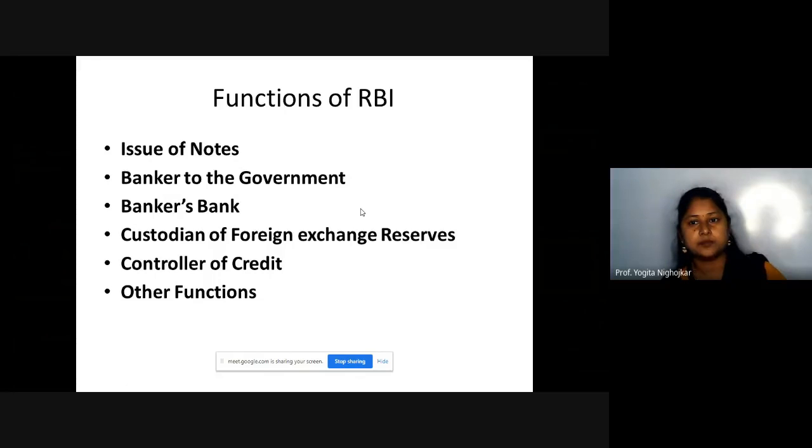Means collecting and publishing the economic data, buying and selling of government securities and trade bills, giving loans to the government, buying and selling of valuable commodities, etc. It also acts as the representative of the government in the IMF, that is International Monetary Fund, and represents the membership of India.